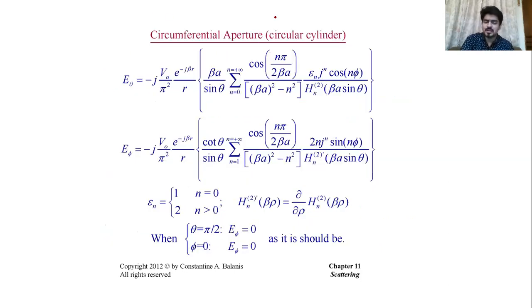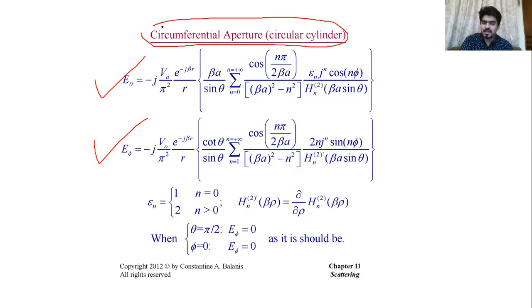When you do that, this will be your expression for E theta and E phi for the circumferential aperture in the circular cylinder, where epsilon n is the Neumann coefficient, which has two values for two conditions. When n equals 0, it is 1. When n is greater than 0, it is 2.